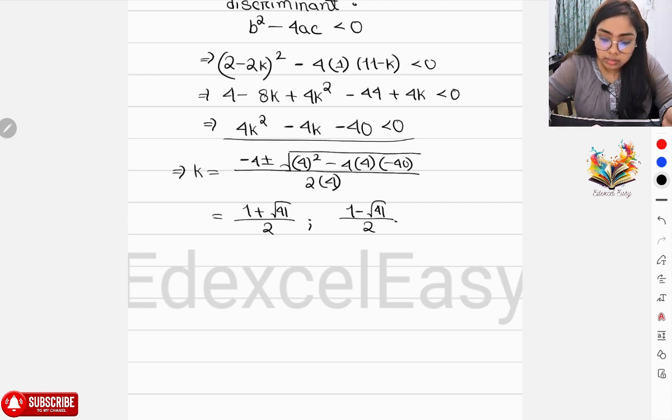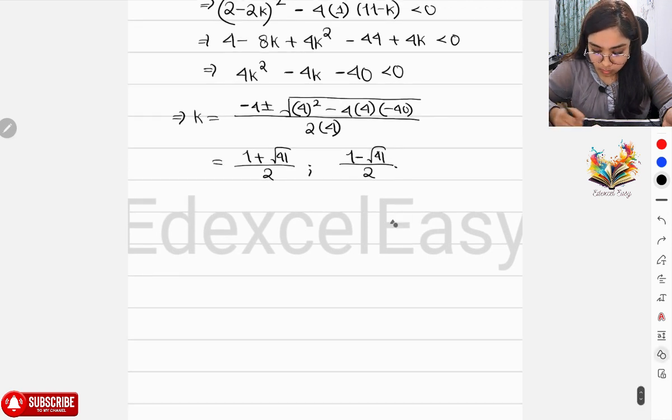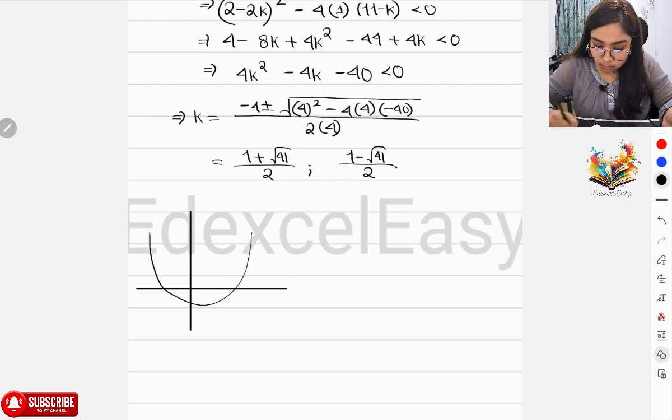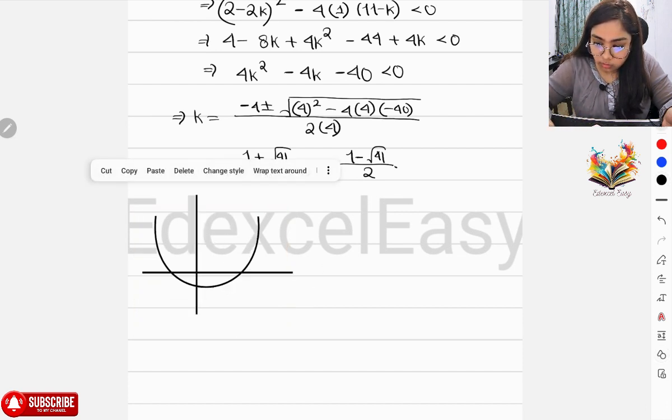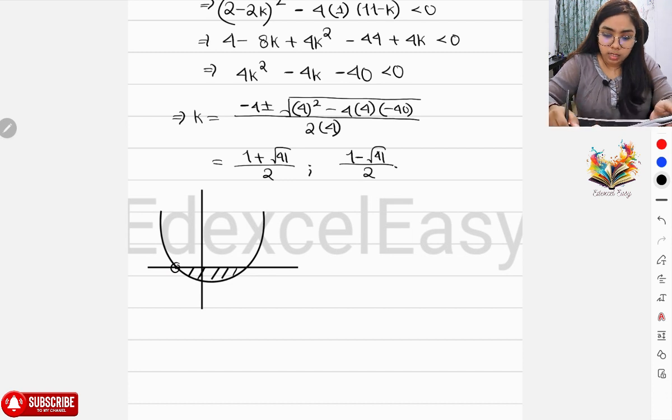Now remember, this was a quadratic expression less than 0. If this is a positive quadratic less than 0, then this is how you're going to write the inequality for it. For a positive quadratic graph less than 0, that means this portion below the axis is what you are using over here. Let me find out the values.